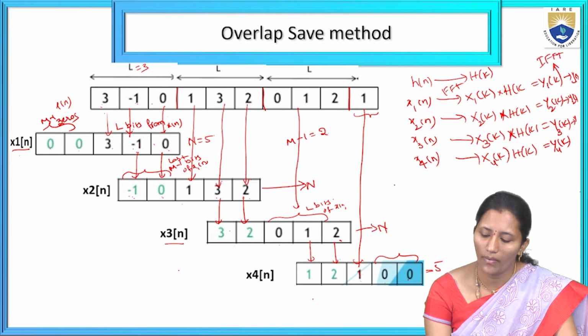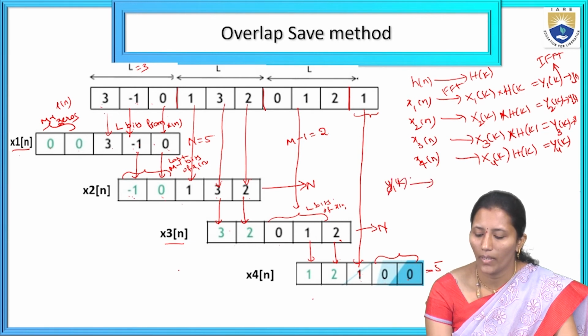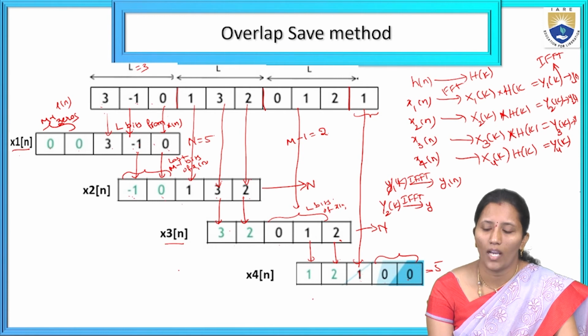If we apply the inverse fast Fourier transform to y1 of k, we will get y1 of n. That converts the frequency domain signal into time domain signal.